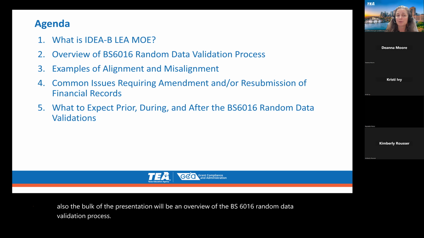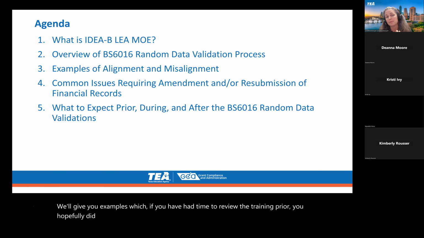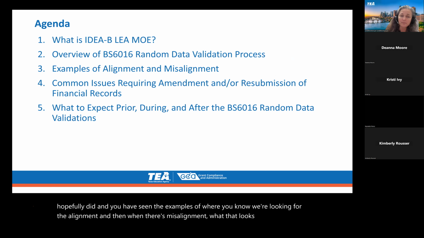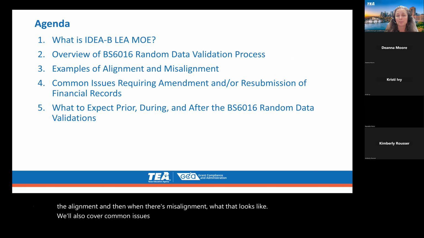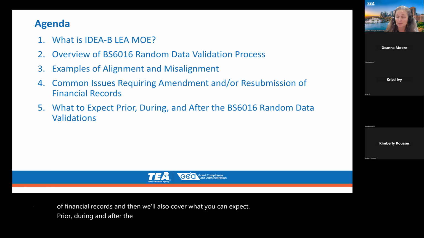We'll give you examples of where we're looking for the alignment, and then when there's misalignment, what that looks like. We'll also cover common issues that require amendments and or resubmission of financial records. And then we'll also cover what you can expect prior, during, and after the validation process.